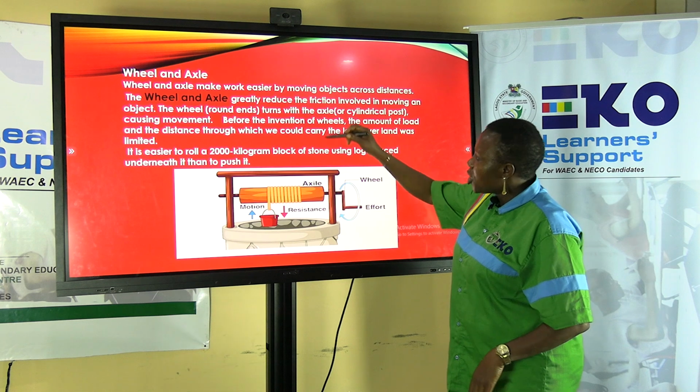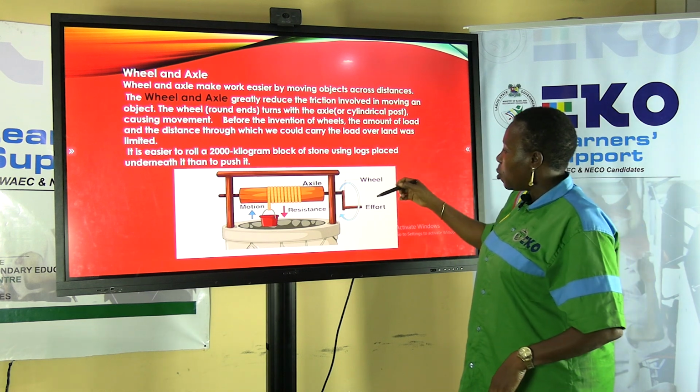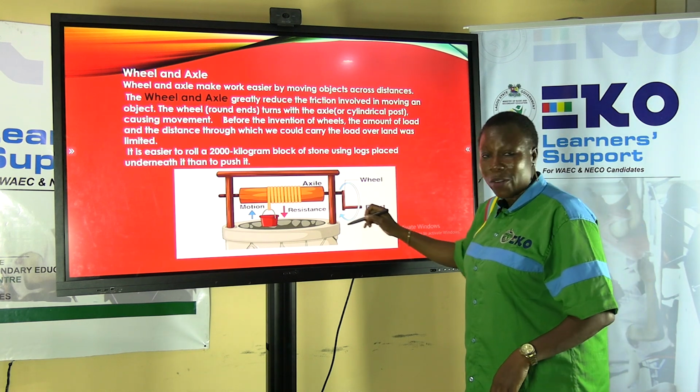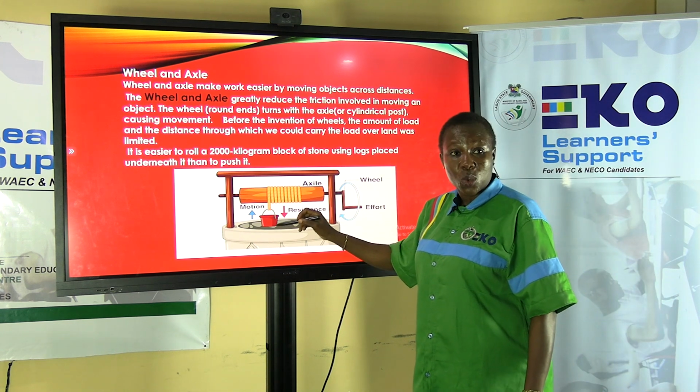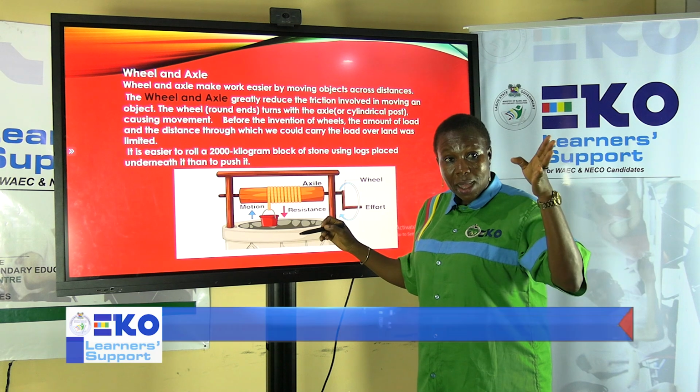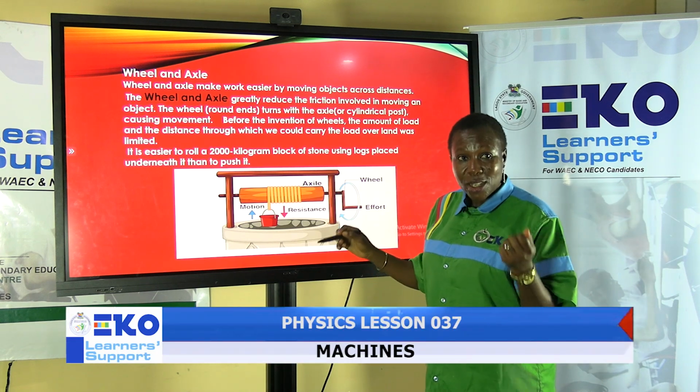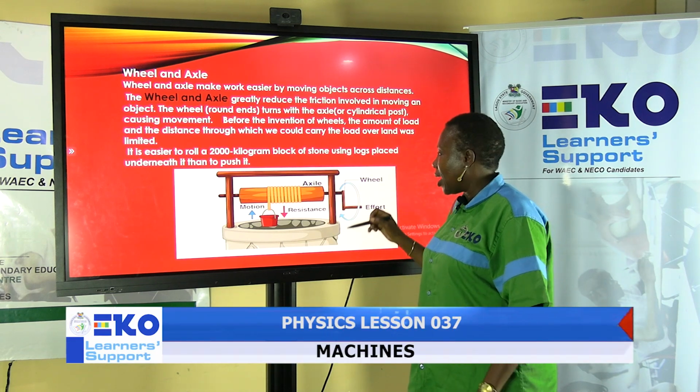So the turning of the axle, which is the cylindrical post, by the time you turn it this way, you have already applied effort. And the bucket here is the load. That is what you are getting easily done with the aid of the wheel and axle.